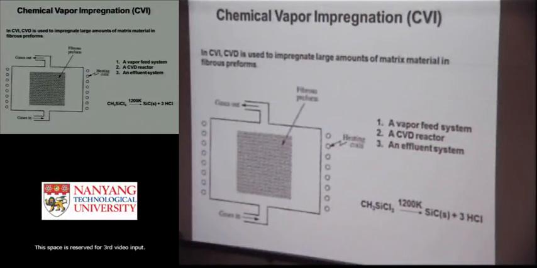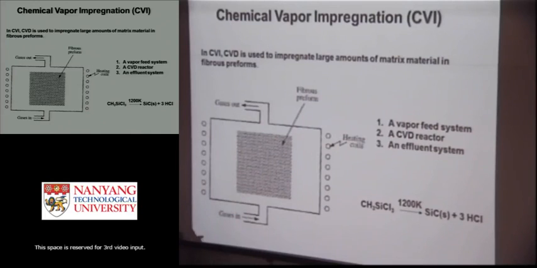Another one is CVI. CVI is chemical vapor impregnation. In this case, we use a small molecule, and we don't use liquid. Instead, we use gas, because a small molecule, when you hit a certain temperature, easily becomes gas. When it becomes gas, you fill the gas in, and this temperature should be very, very high. So when this small molecule gets in at high temperature, what will happen? It will decompose.